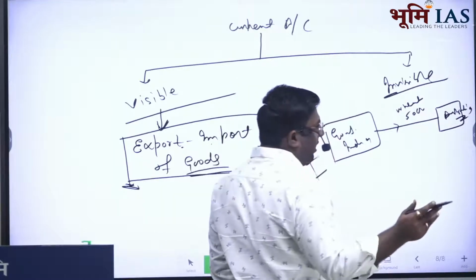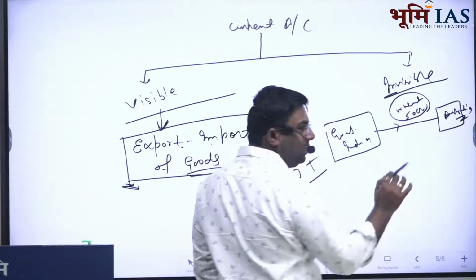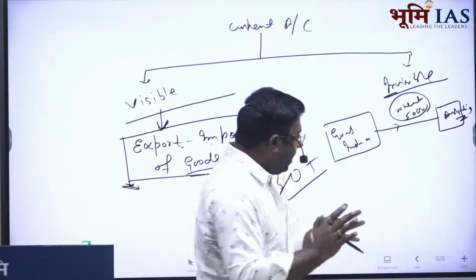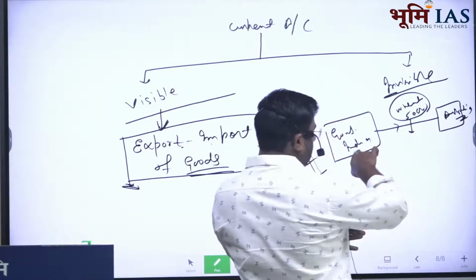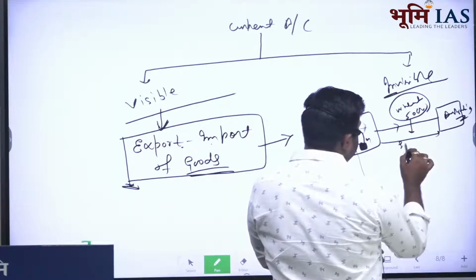Now it is usual that these goods have to be exported with the help of some specific transportation facility. I assume that this good has been exported from India to Australia with the help of a ship.